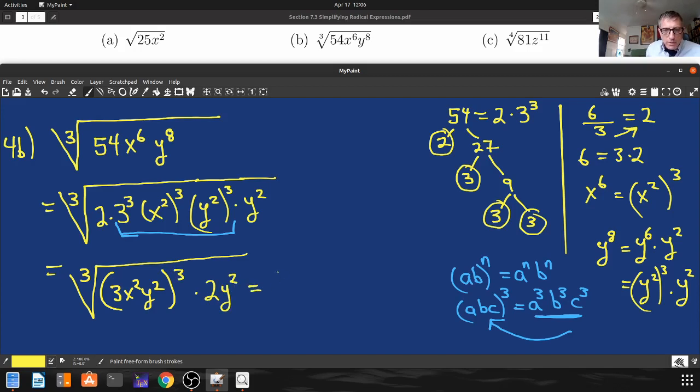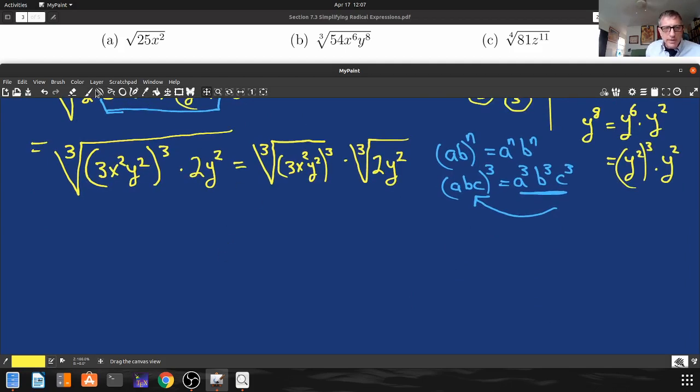So now I'm going to use the rule that allows me to split them up. So this is 3x squared y squared cubed times the 3rd root of what I have left, 2y squared.